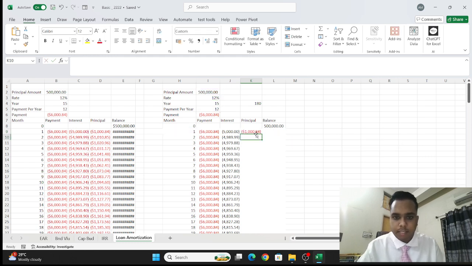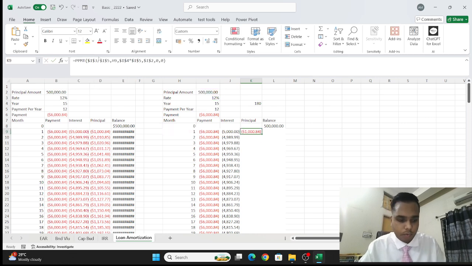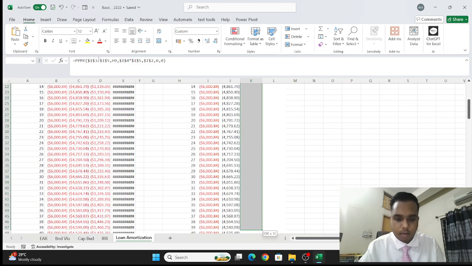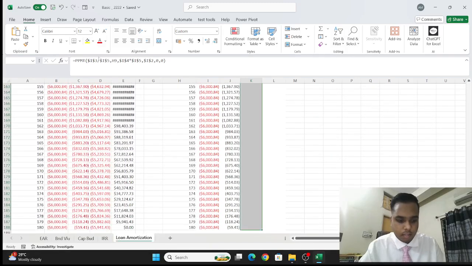We have the principal for the first month. Now we will freeze all the cells except H9. That means this is the variable that can change. So we will drag it down all 180 months, then select CTRL plus D to fill all the cells.